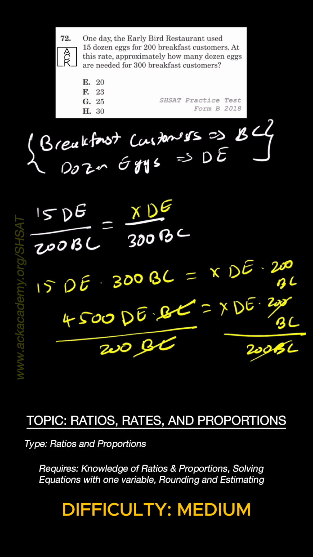2 goes into 45. 2, 4, 0, 5. So 22.5. Erase this.